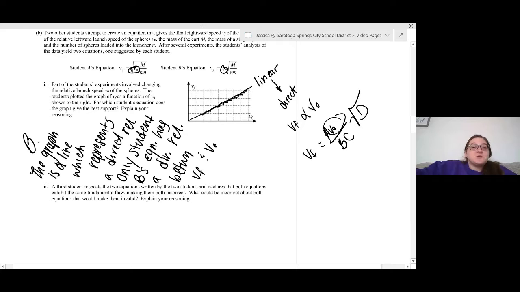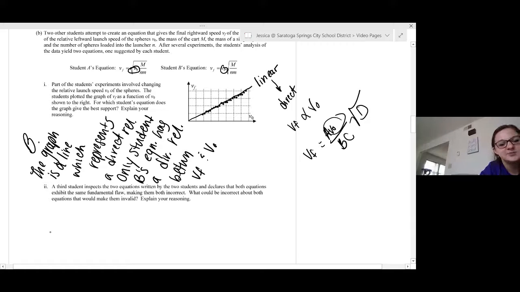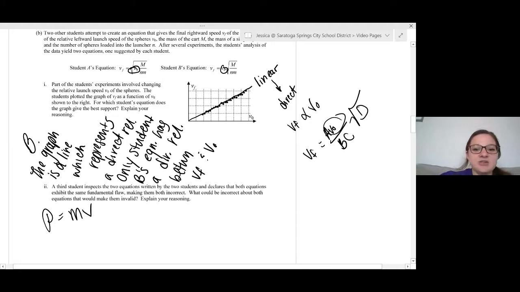That's the part that's wrong. Both students have square roots in their equations, which is definitely not correct with momentum, because momentum is only based on p equals mv. There's no square roots, no nothing. The only time we would see a square root with mass and velocity is if we were doing kinetic energy. But we didn't really look at kinetic energy in this problem.